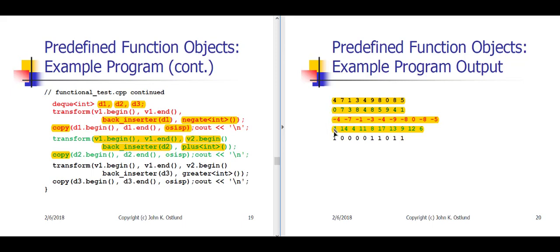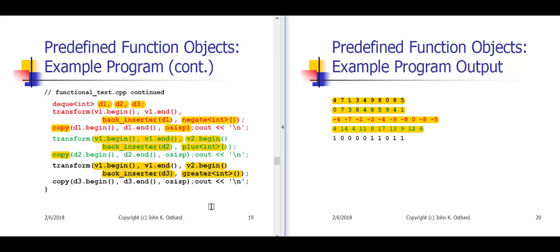So 4 plus 0 gives me a 4, 7 plus 7 gives me a 14, 1 plus 3 gives me a 4, etc. And then in the final transform here on slide 19, once again I'm using v1 for my first input sequence, v2 to provide my second input sequence. Here I'm putting values into d3, and I'm invoking this constructor to create for myself a greater int function object.